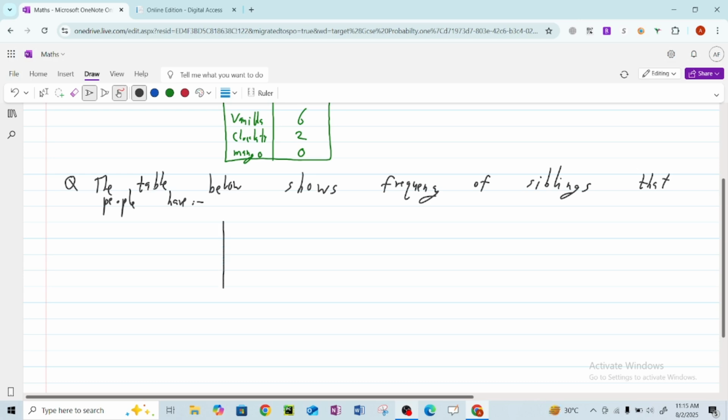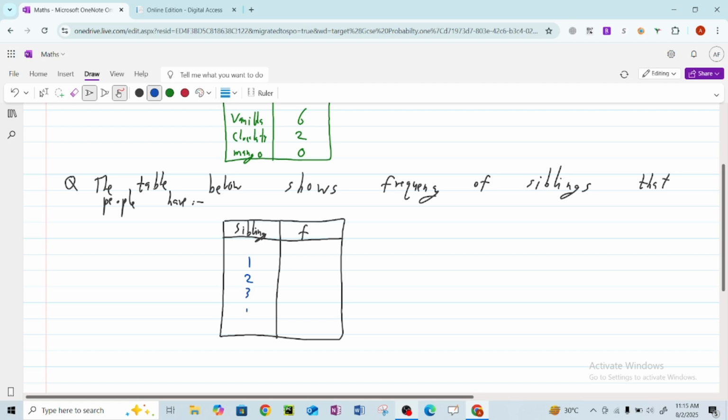So let's say I make this over here: siblings and frequency. Now let's say that we have 1, 2, 3, 4. Let's stick to 4. And let's also say 0 here. Now let me write some numbers: 10, 15, 17, 3, and 0.